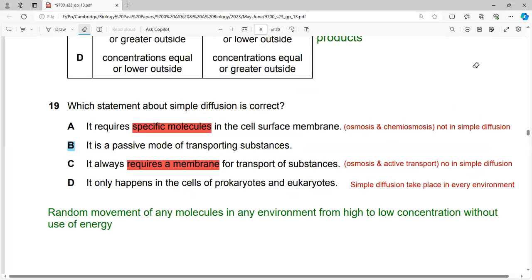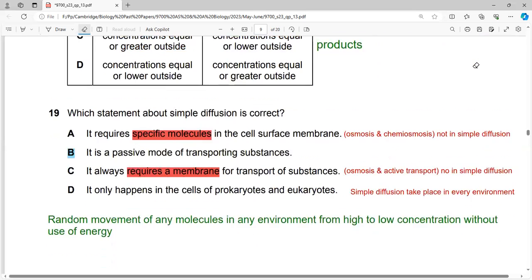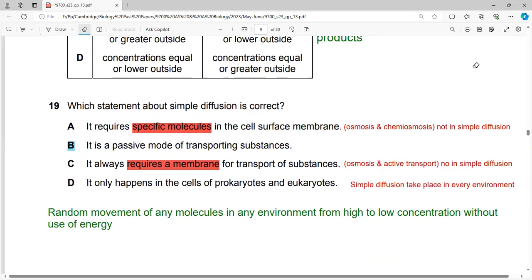Which statement about simple diffusion is correct? A, it requires a specific molecule. For example, in osmosis only water molecules move through the partially permeable membrane, and chemicals move through the partially permeable membrane down their concentration gradient.